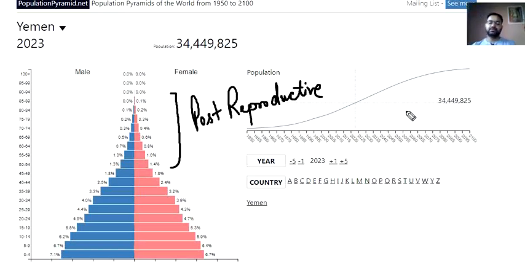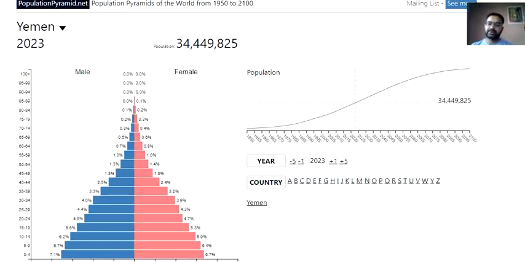Okay, so why is this histogram or this pyramid called expanding type? Now, in this specific population, these pre-reproductive individuals and these reproductive individuals, if you just see the area they are covering, the area is the largest.